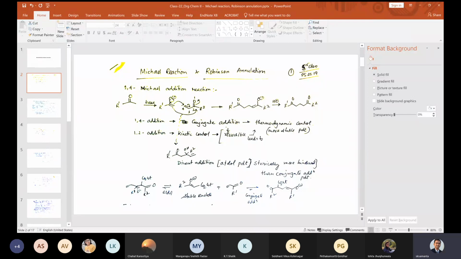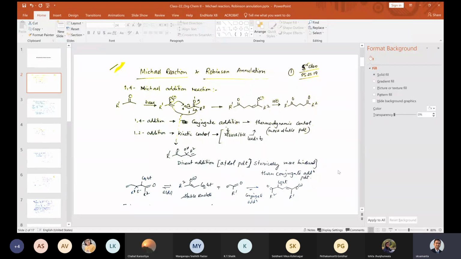Let's say it attacks at 1,2. In this case, this product is not very stable. This is the aldol state, which is also in equilibrium with these two. But when the conjugate addition happens at this center, then you get this product, which becomes more stable and does not like to go back much. So initially if it comes to here also, over time it slowly comes back to this one.